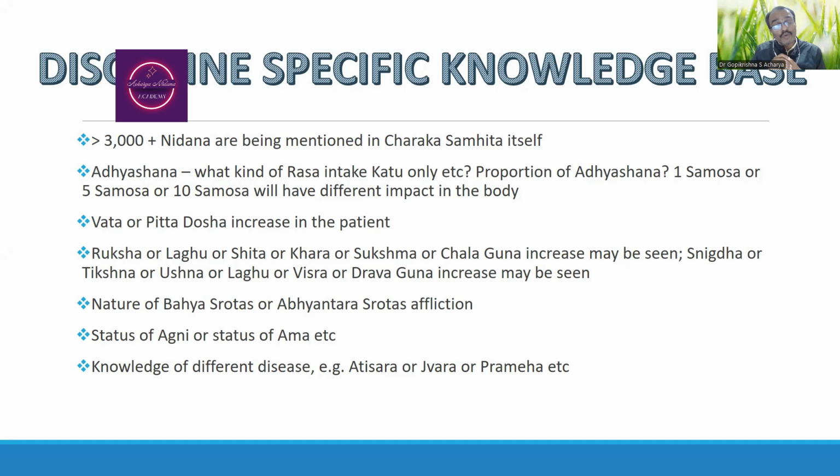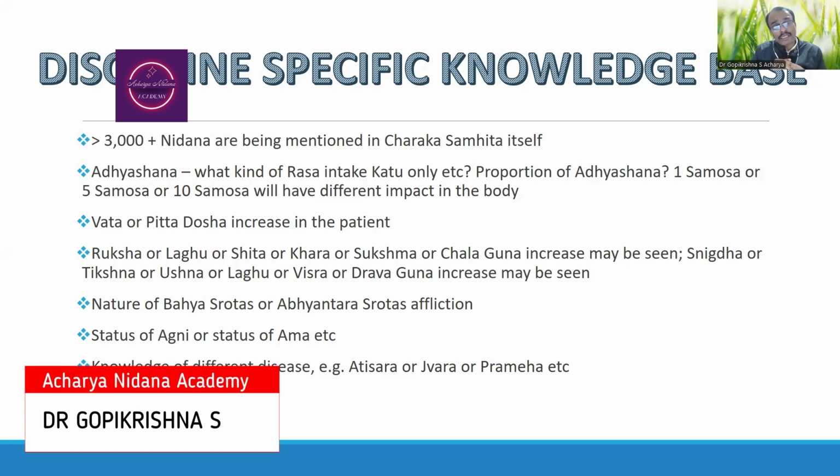So this has to be noted about what kind of impact is happening. For example, if the person is consuming food during travel, there may be a possibility of Samana Vata being more prominent, which may have an impact on Agni Guna Vaishamya.